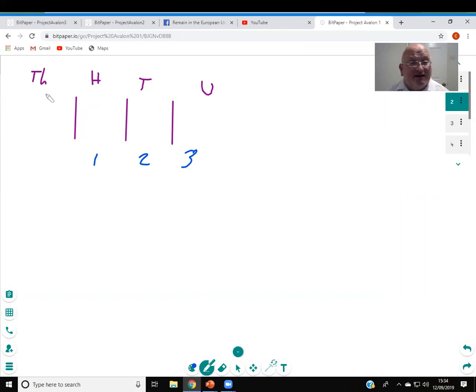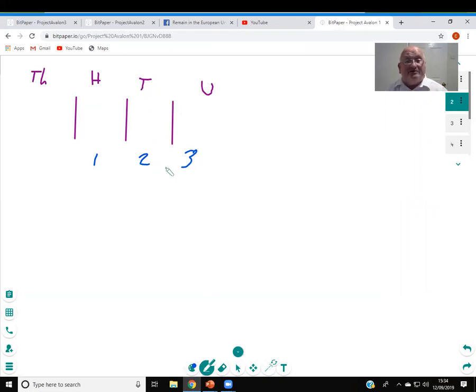The headings H, T and U mean hundreds, tens and units. The 2, because it's in that place under the T, actually means 2 times 10, which is 20. So where you put digits in a longer number changes their value.